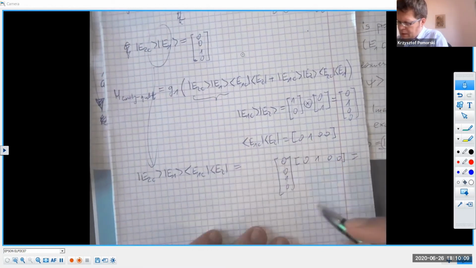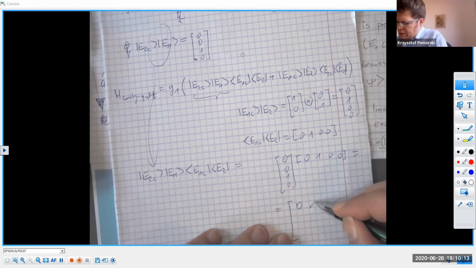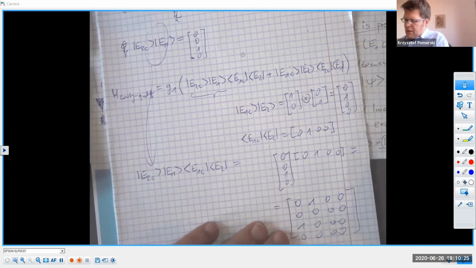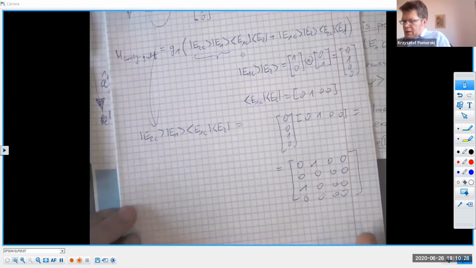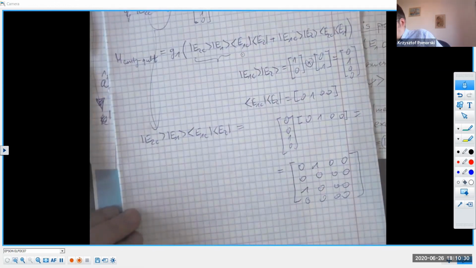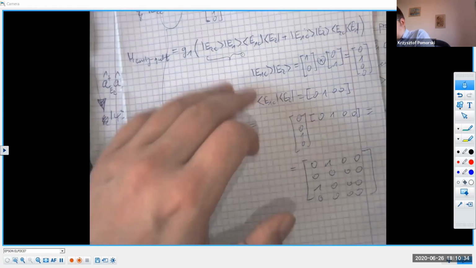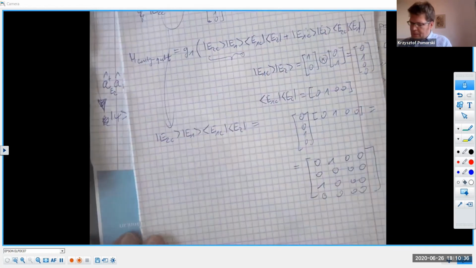So we have a matrix like this: 0, 0, 0, 0, 1, 0, 0, 0, and 0, 0, 0, 0. And we can expect that this matrix is Hermitian conjugate, because those terms are Hermitian conjugates.